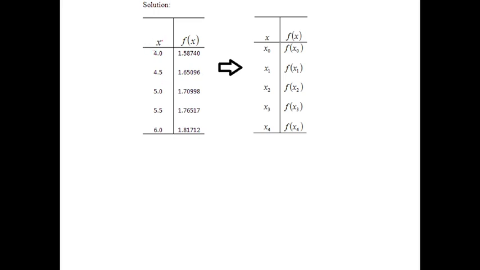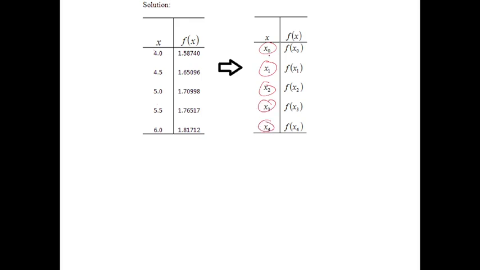First thing to do is this should be arranged in ascending order, from lowest to highest: 4, 4.5, 5, 5.5. Then we assign the values x sub 0, x sub 1, x sub 2, x sub 3, and x sub 4.